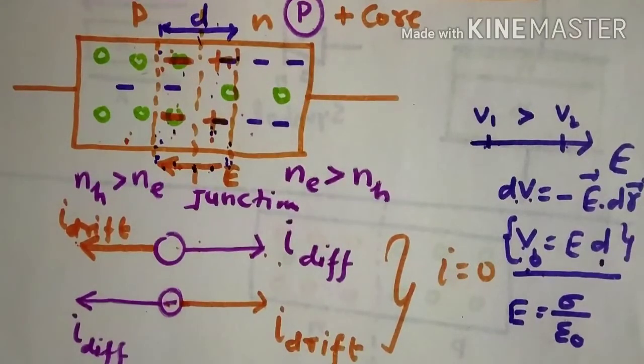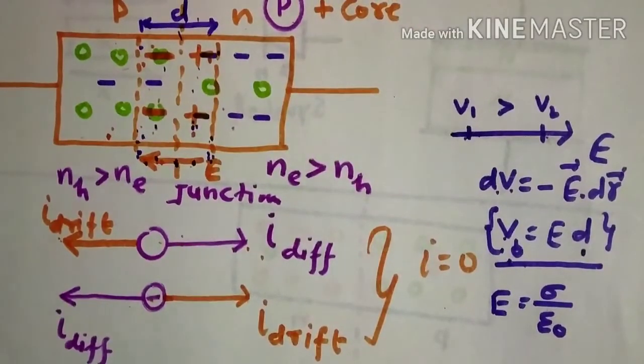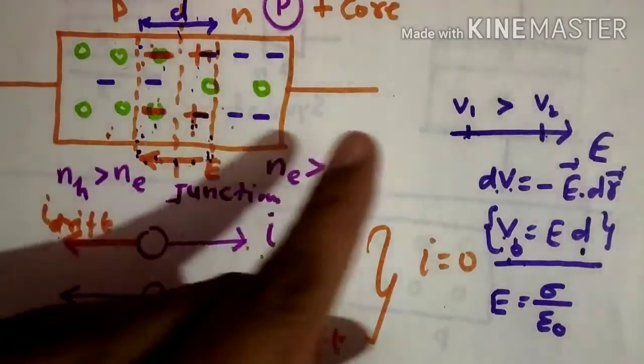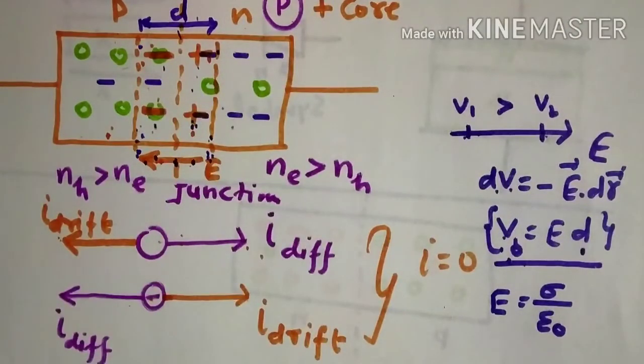So finally, now we will discuss what we should do so that current starts passing through the diode. Connecting a diode with some source to pass the current is known as biasing of the diode, means connection of the diode with some battery or some source.